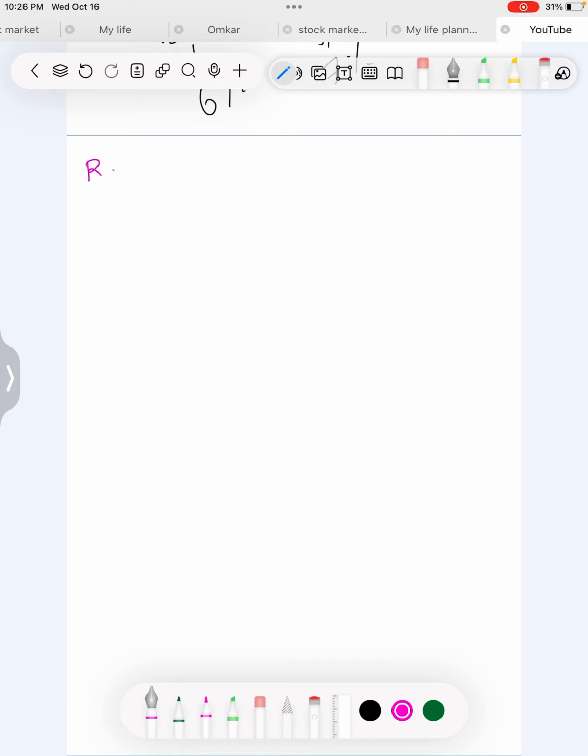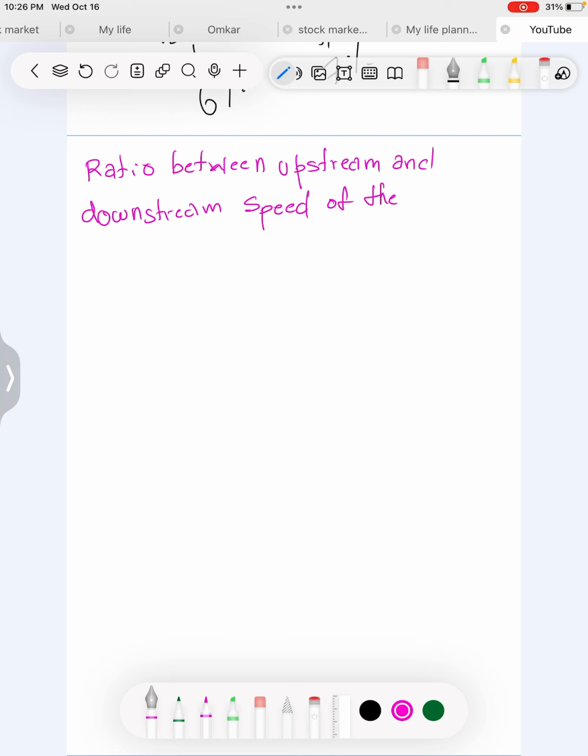Okay. Ratio between upstream and downstream speed of the boat is 7 is to 9.